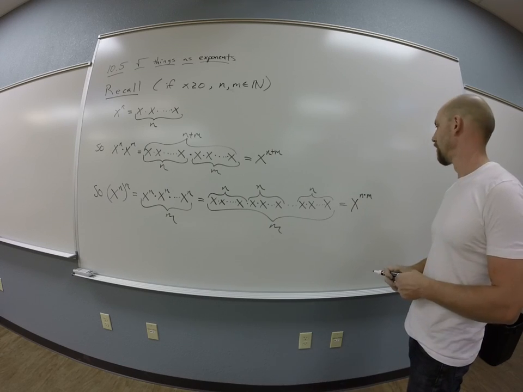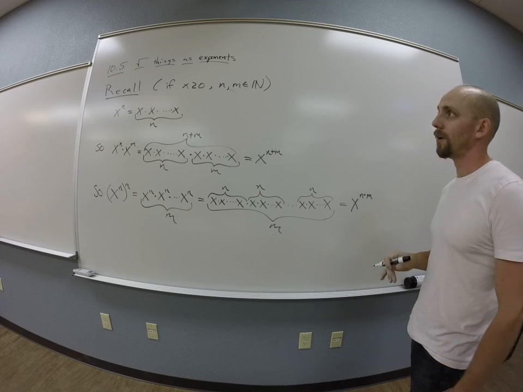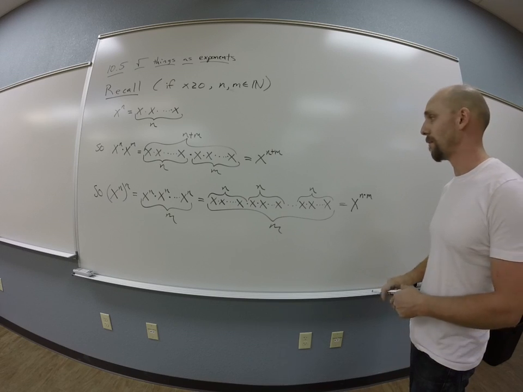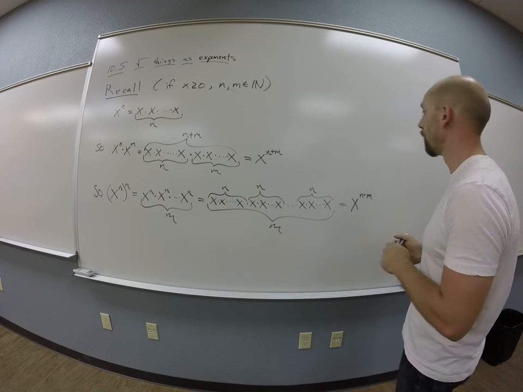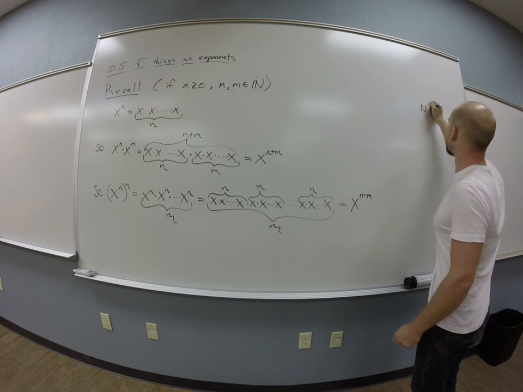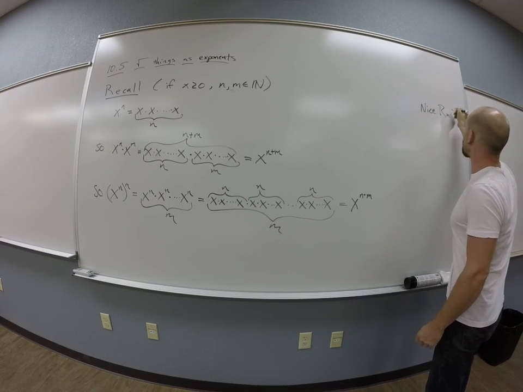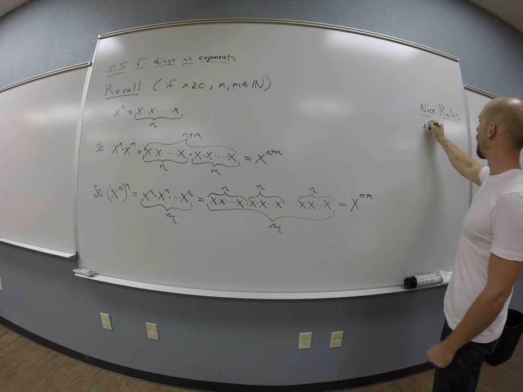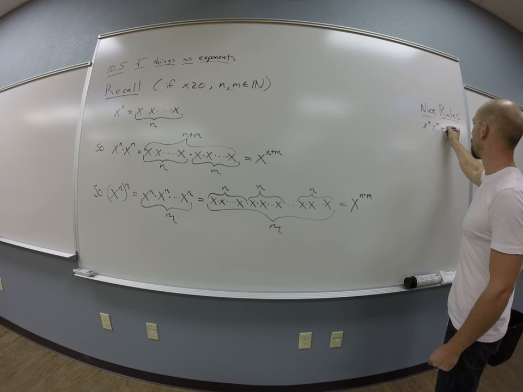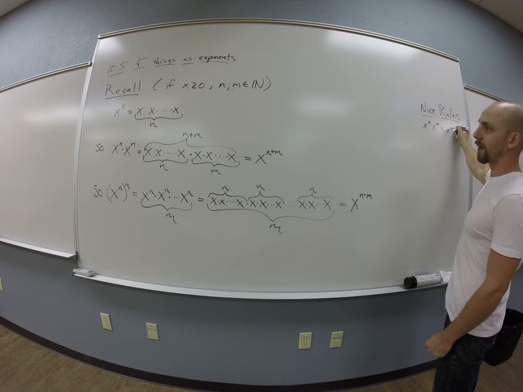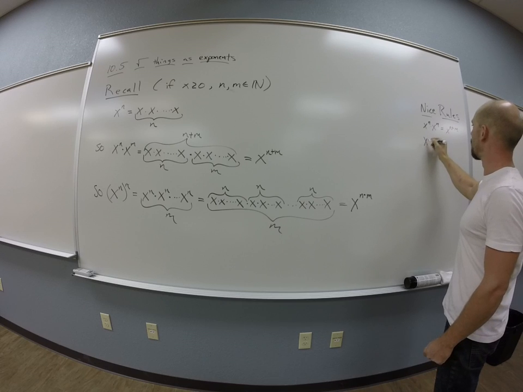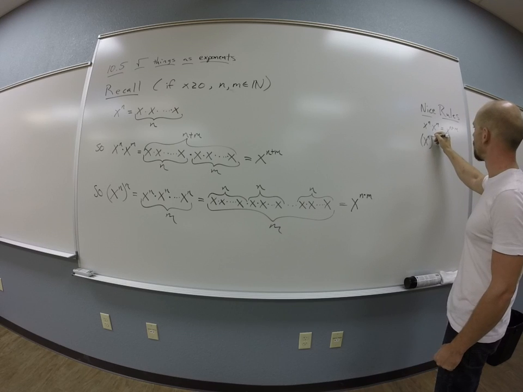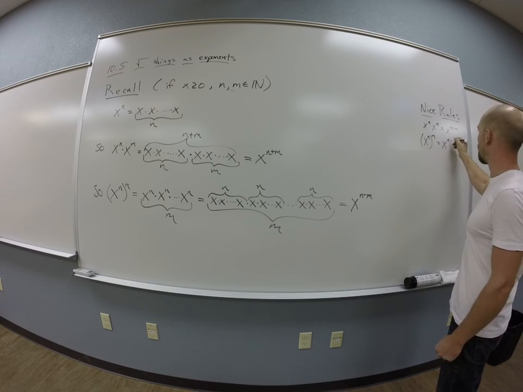Cool. All right, so these are the things I need to remember. Now, the basic idea of thinking about radicals as exponents is just, okay, these rules were nice, right? I'm going to put them in a box over here. The nice rules say that x to the n times x to the m is x to the n plus m, and x to the n, raised to the m, is x to the n times m.